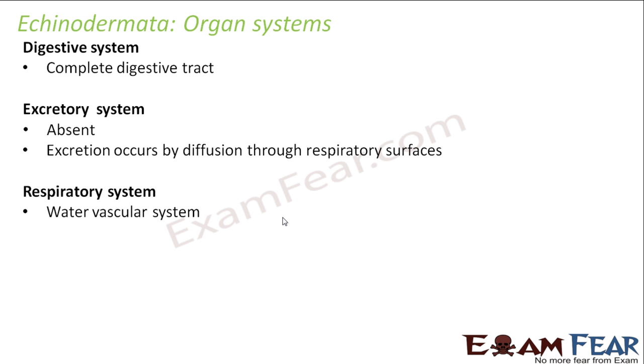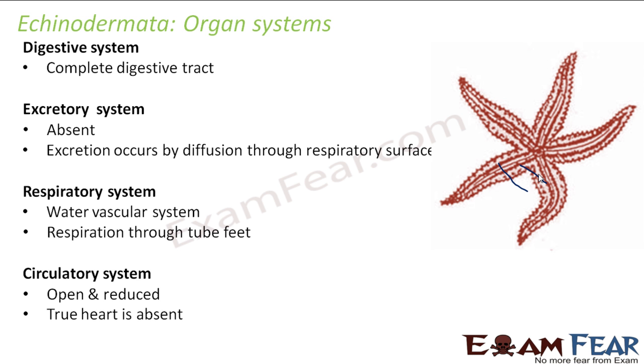Respiratory system, water vascular system. What is the water vascular system? If you look at any of the echinoderms, you will see that they have an array of radiating canals, a canal-like system. Let us suppose this is an echinoderm. Now we will talk about the water vascular system.